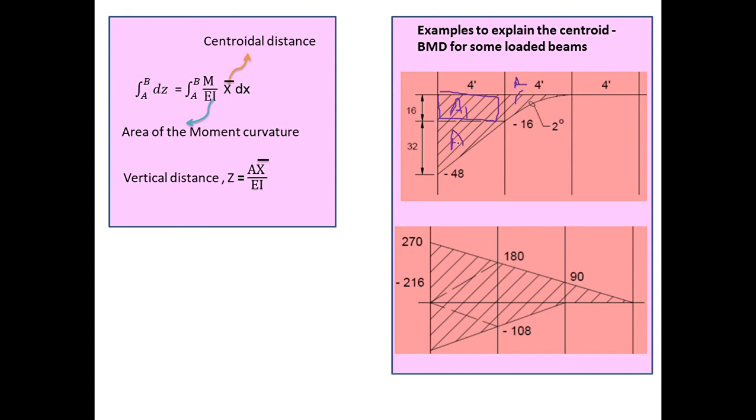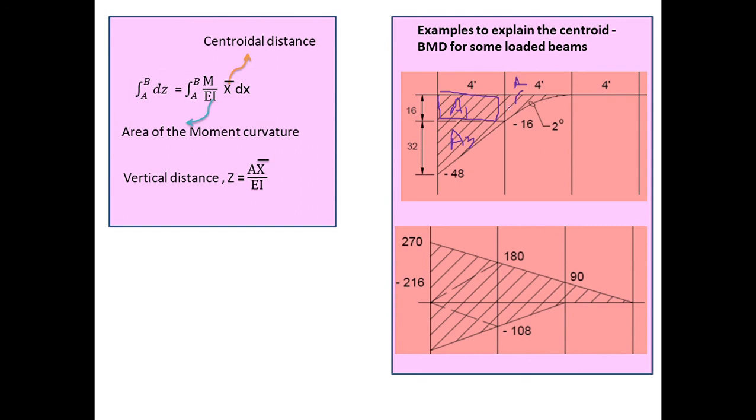So this is area 2, and this one is a triangle, so area 3. So we split it into 3 different diagrams. Say the single bending moment diagram is split into 3 different shapes. That is a rectangle, a triangle with the parabolic curve, and a triangle like this.